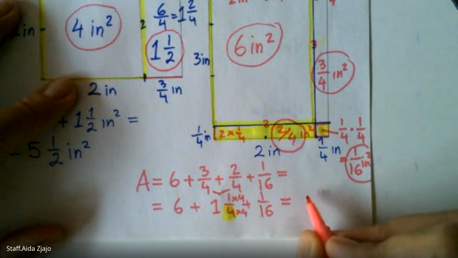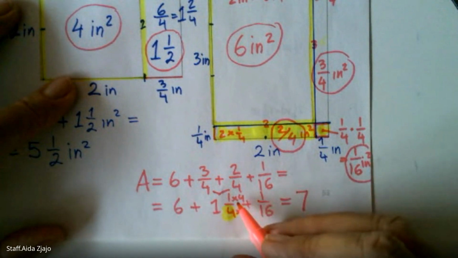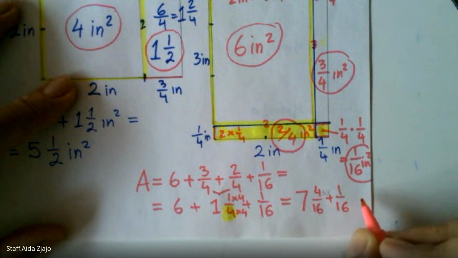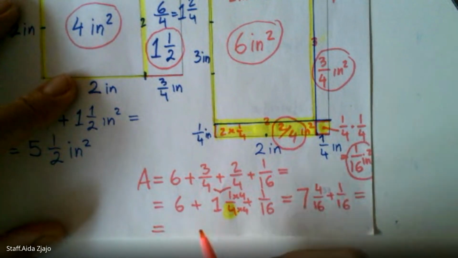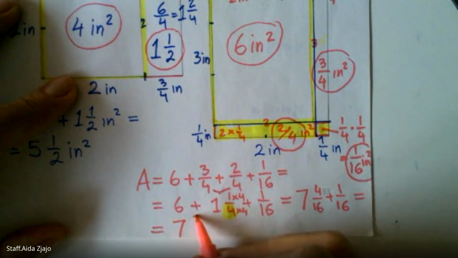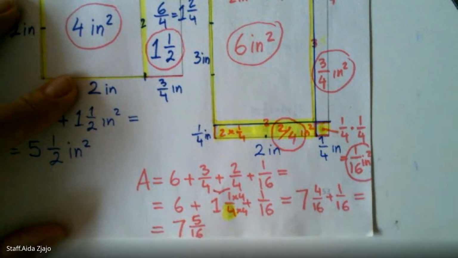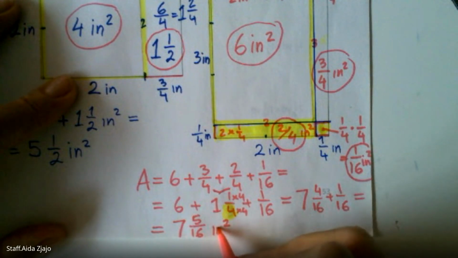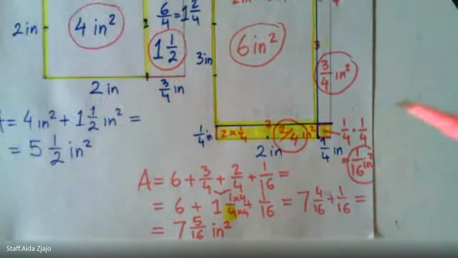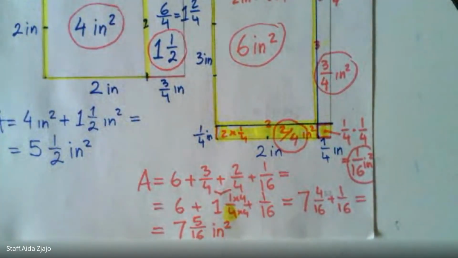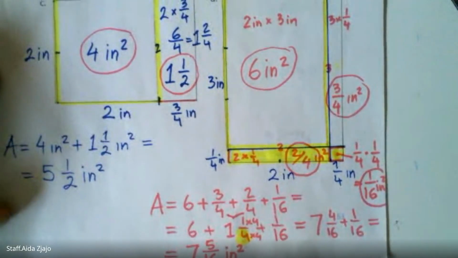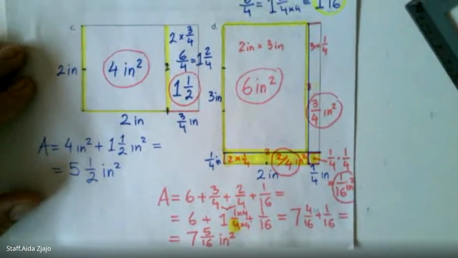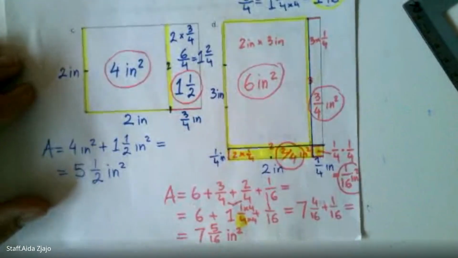So finally, we can say this is 7 wholes, and here is 4/16 plus 1 more 16th, and the final answer is 7 wholes and 5/16. And those are square inches because the units we were using were inches. So here you go. Okay, this is C and D.